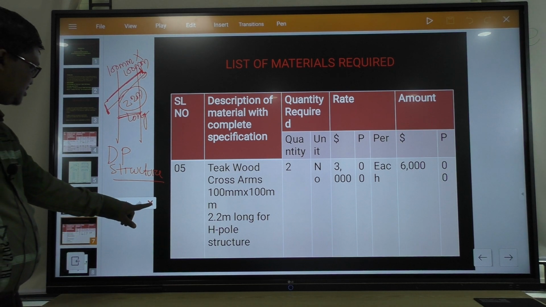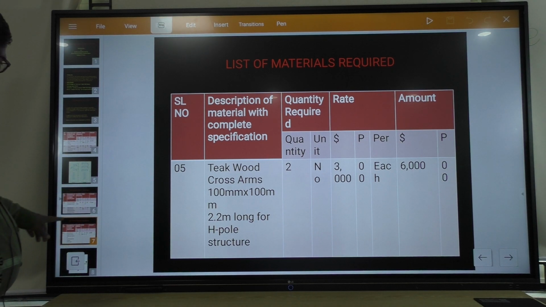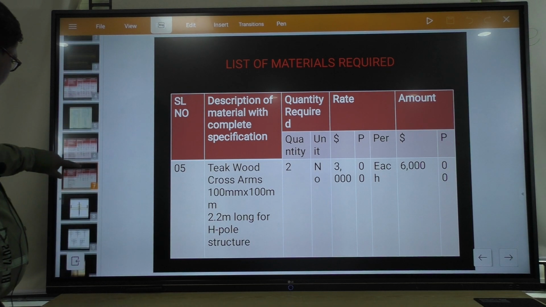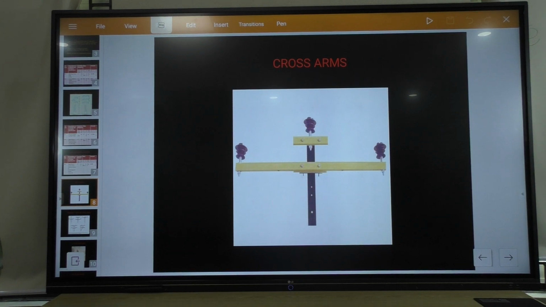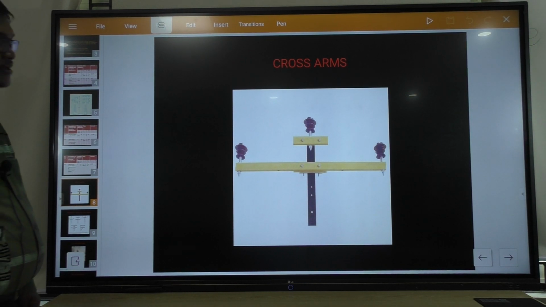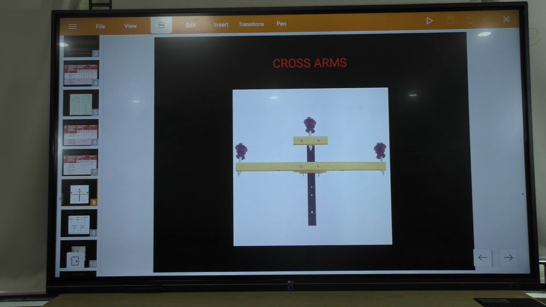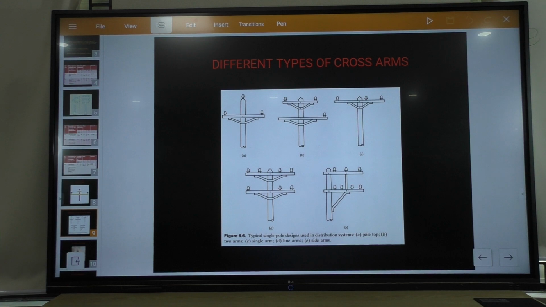Next, this is one wood T-cut cross arm, one example of a T-cut cross arm, and there are different types of cross arm arrangements.